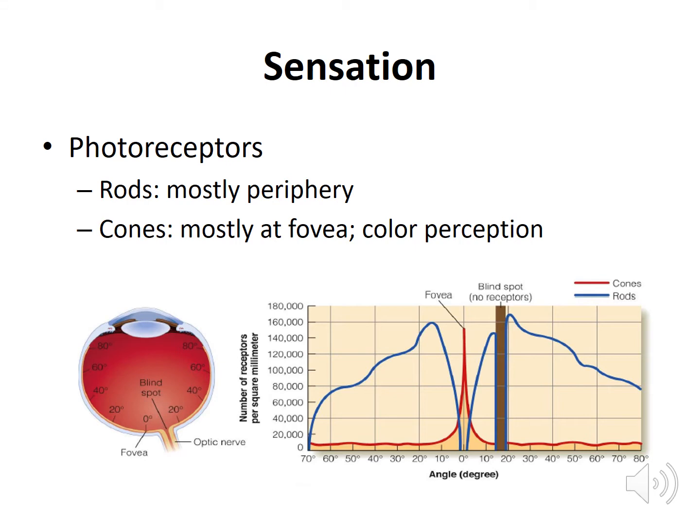You have the clearest vision, the sharpest vision in the fovea. On the other hand, if you look at the distribution of rods, you can see that rods are distributed all across the retina. Now, the fovea is sort of the 0 point, the 0 degree of rotational angle. So if you focus on something, then you have it in the fovea.